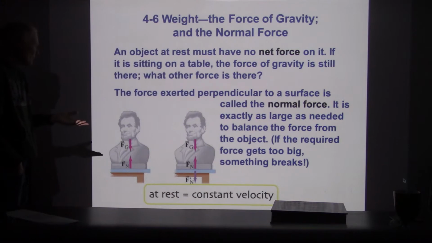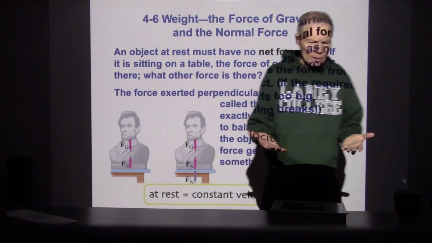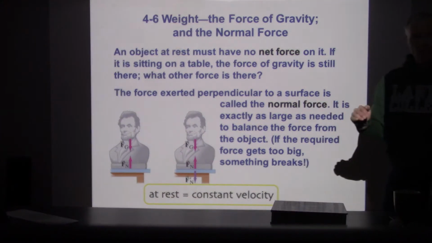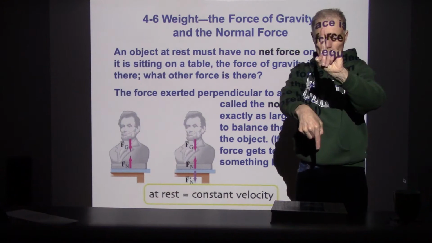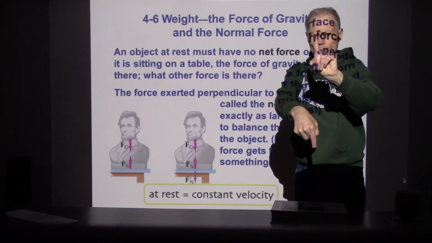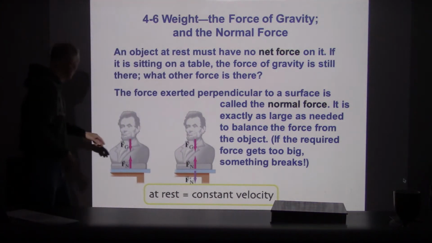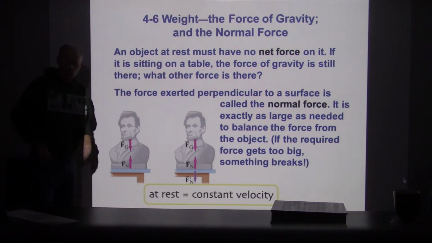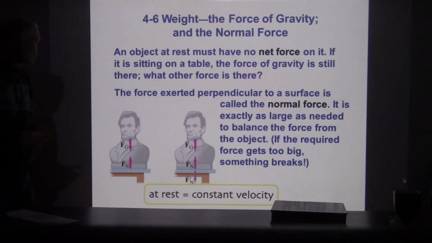In the examples we've looked at so far, with something sitting on a level table, the normal contact force is going to be vertical. The gravitational force will be vertical also. So in many cases, but certainly not all, the normal force and the gravitational force will be acting on objects in opposite directions.